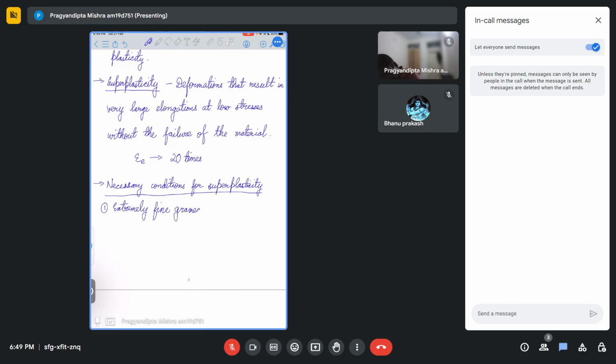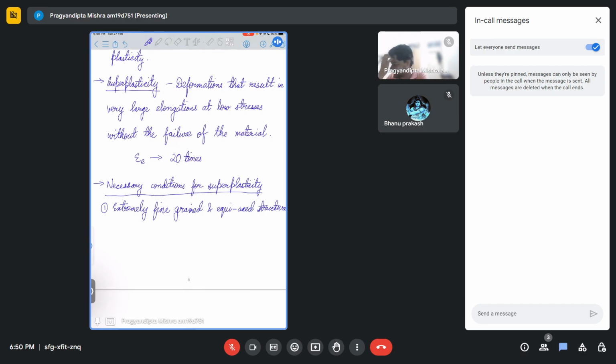What does that mean? It means that you cannot have large grains. You cannot have grains which are made out of large unit cells.